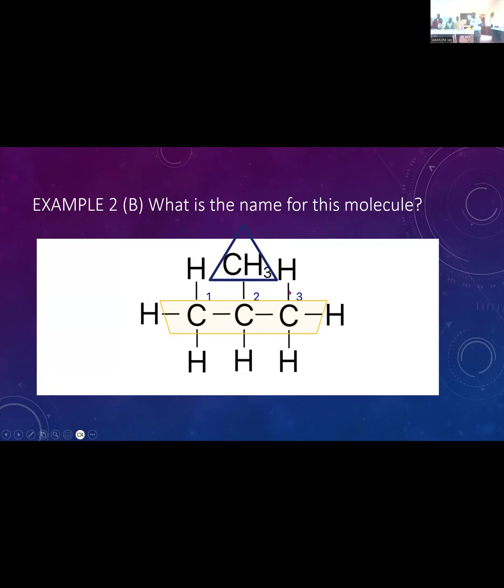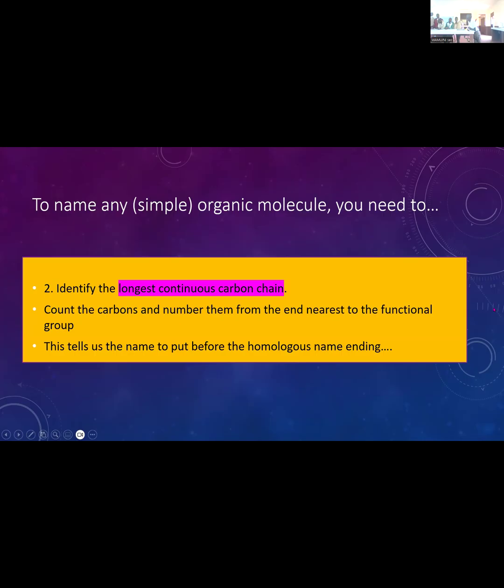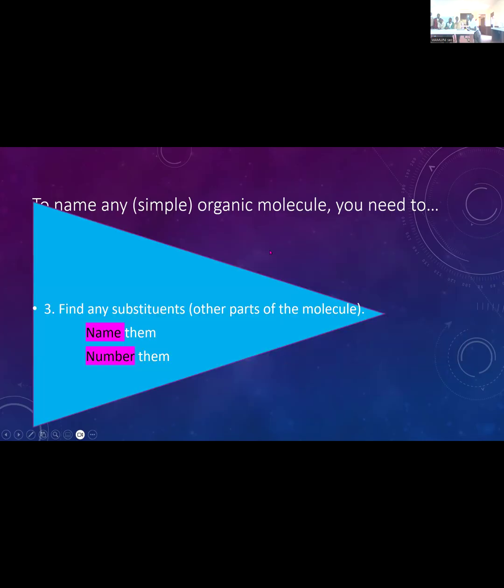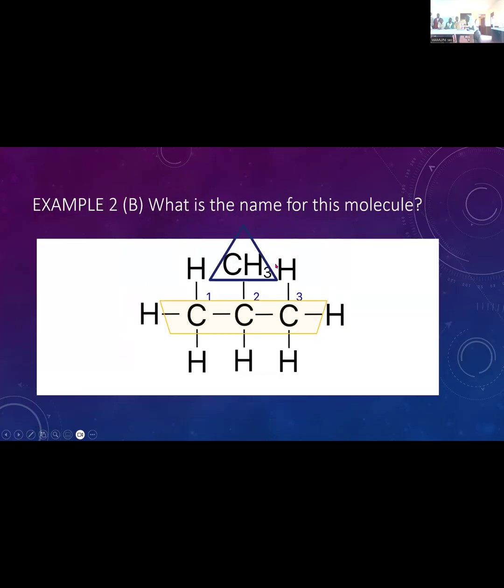So go back to my naming system just for a minute. Circle round the functional group, rectangle round the longest continuous carbon chain, triangle round any substituents. So here it is. That bit makes it propane, but this bit is a one carbon unit, and that will make it methyl. Some people pronounce it methyl, it doesn't matter.